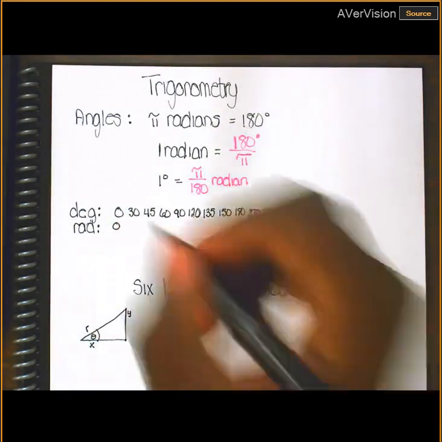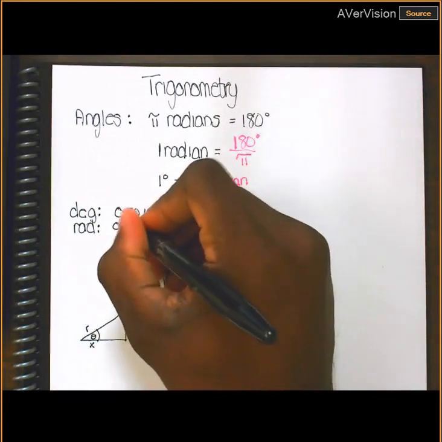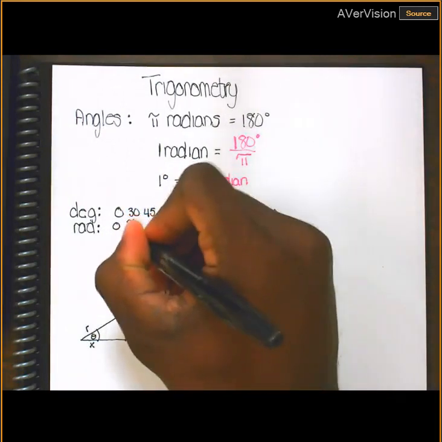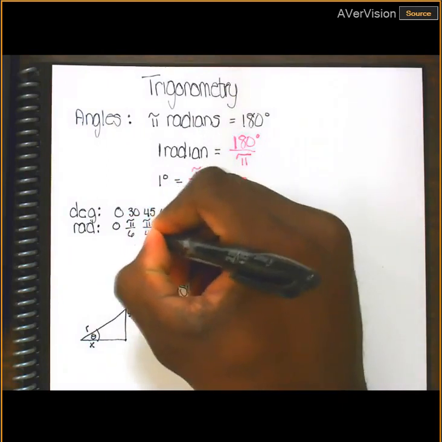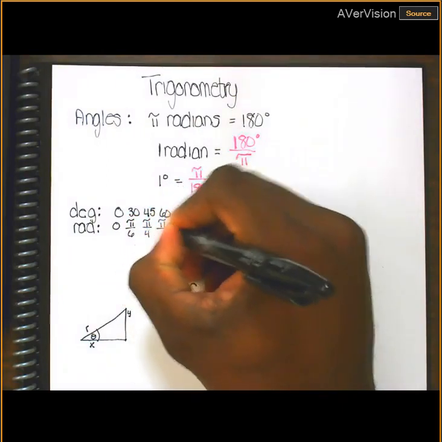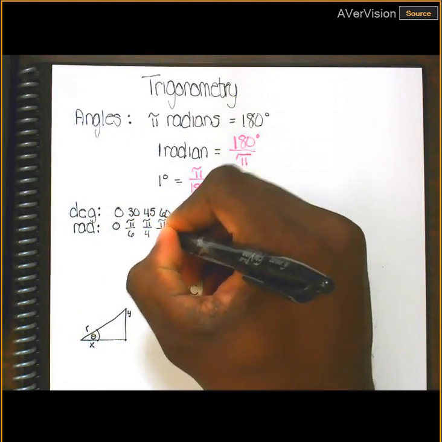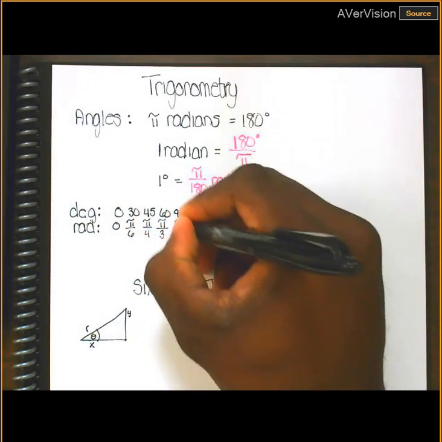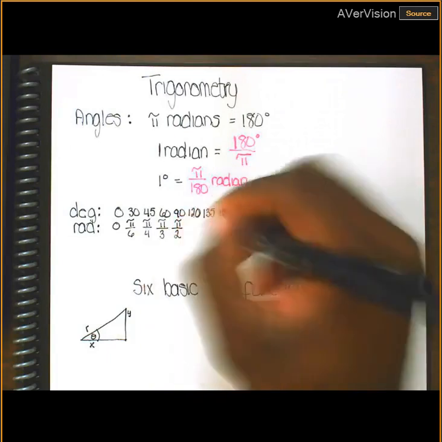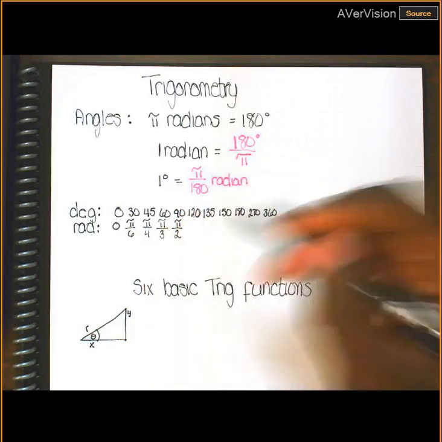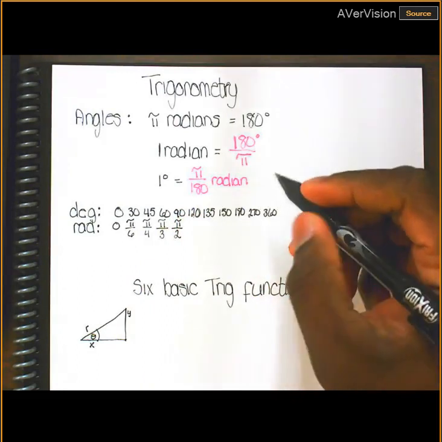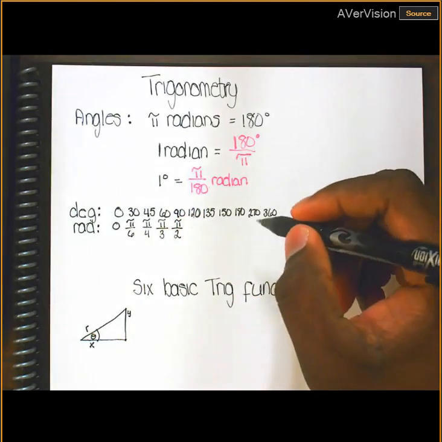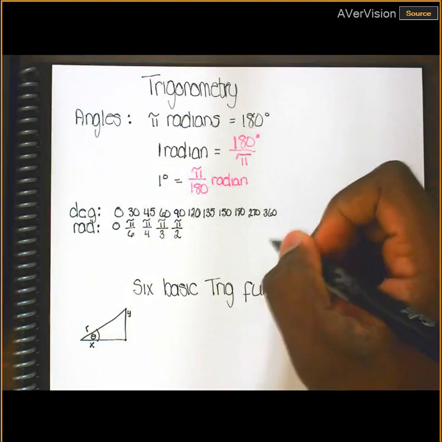And for 30 degrees, you have pi over 6 radians, and pi over 4, pi over 3, pi over 2. Do you guys remember this? But you have seen it before.